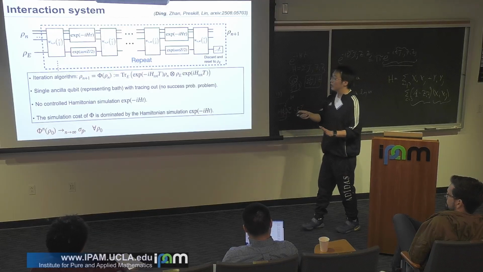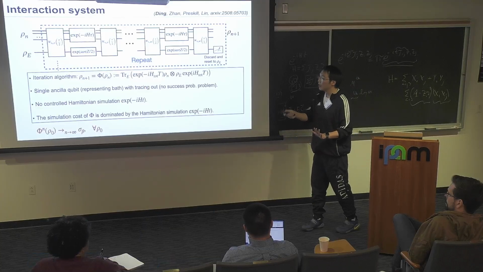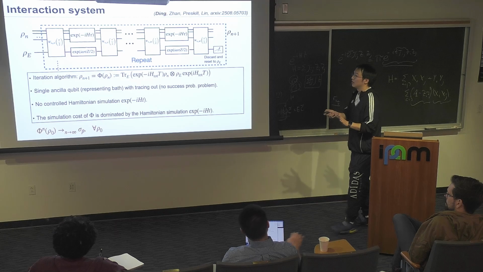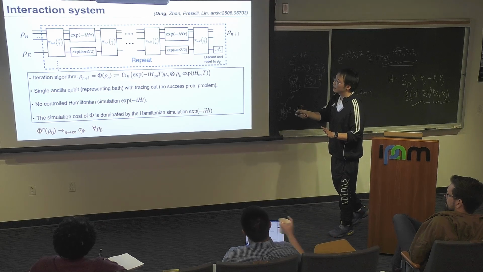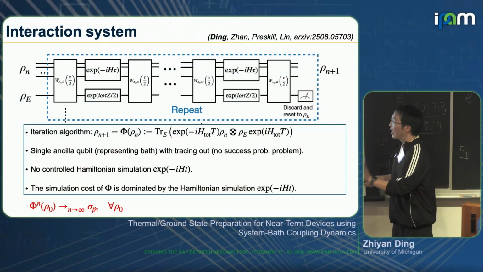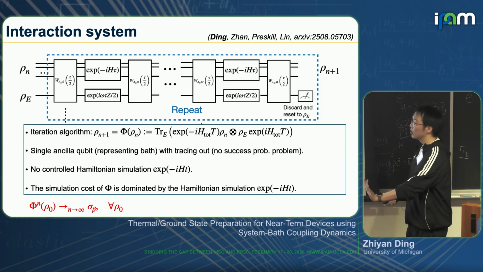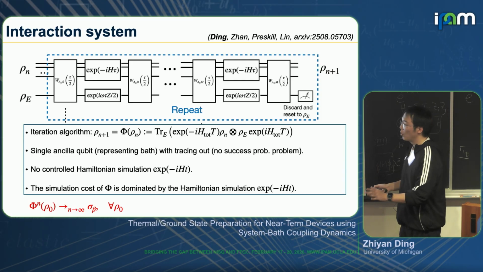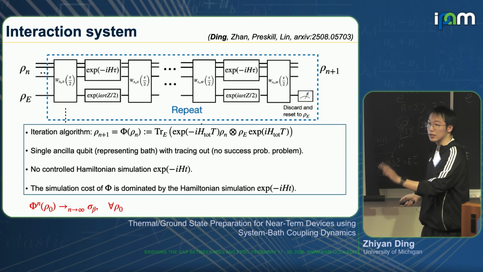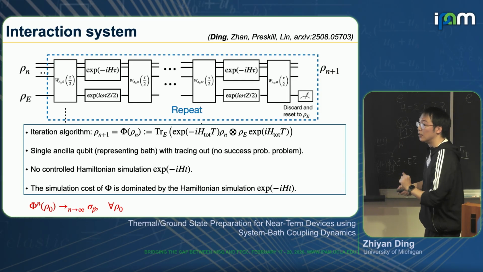Then this corresponds to a quantum channel Phi, and we can design the interactions between the system and the bus carefully, so that as long as I apply this quantum channel enough times, my quantum state can always converge to the thermal state or the ground state. And I don't care what the initial state is.